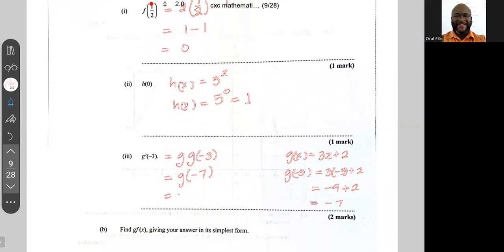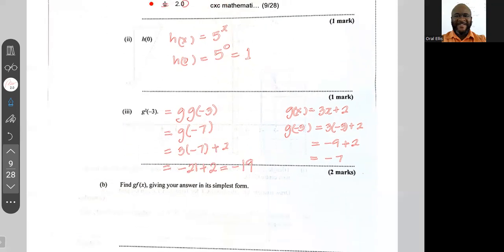So this is 3 times minus 7 plus 2. This is minus 21 plus 2. This is equal to minus 19. So g square of minus 3 is equal to minus 19.